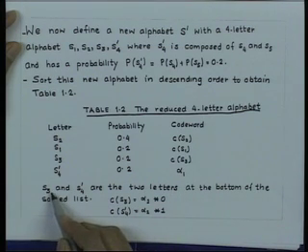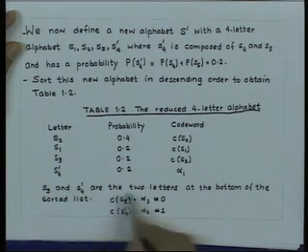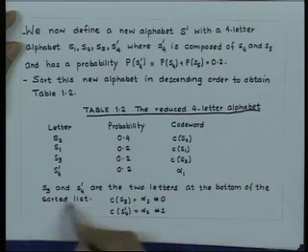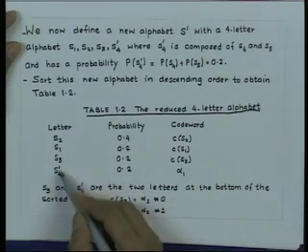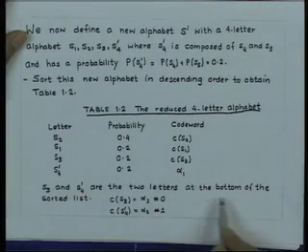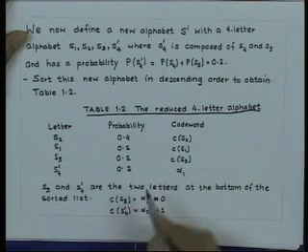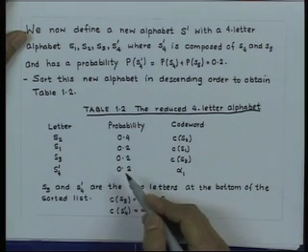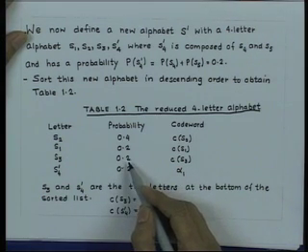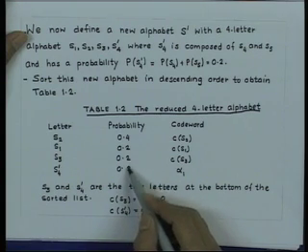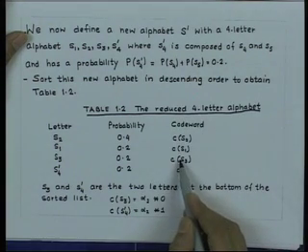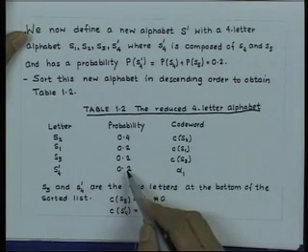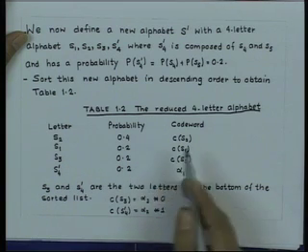Now S3 and S dash 4 are the two letters at the bottom of the sorted list. Going by the same strategy of Huffman coding, the code words for these two source symbols in this new reduced 4-letter alphabet will be the same except for the last bit.